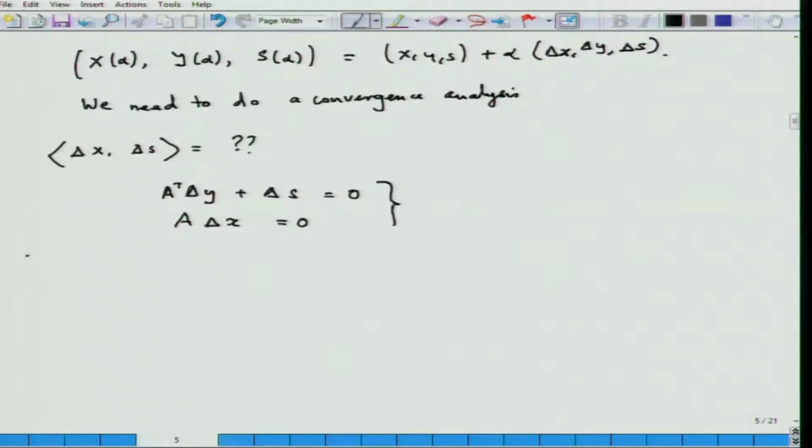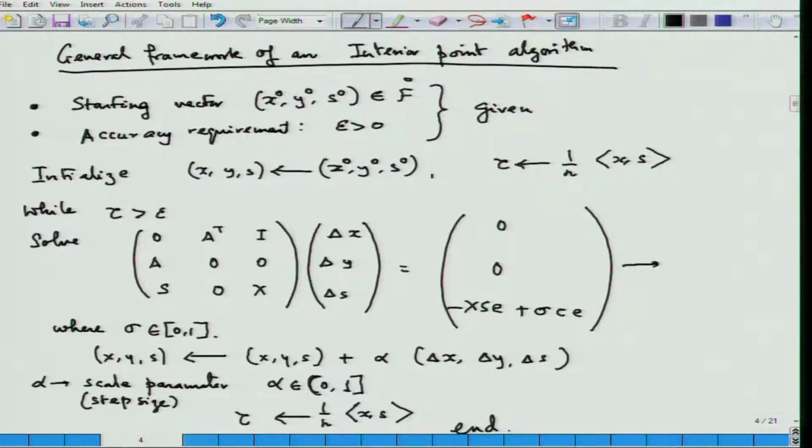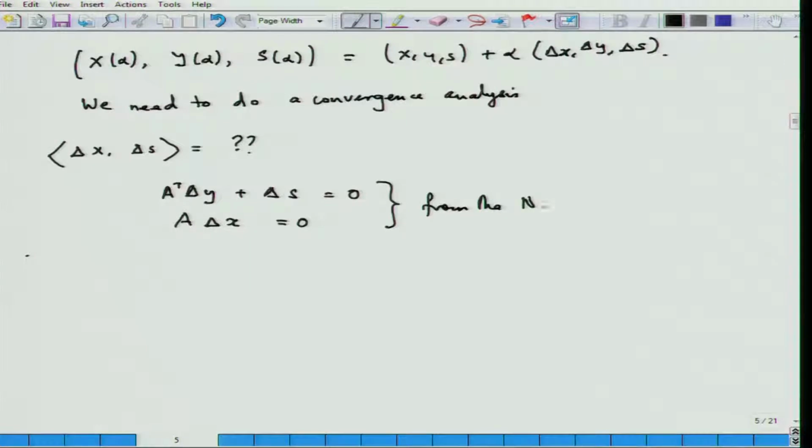Now, I will write this Newton scheme as the star scheme, the main scheme. So, what would I have?